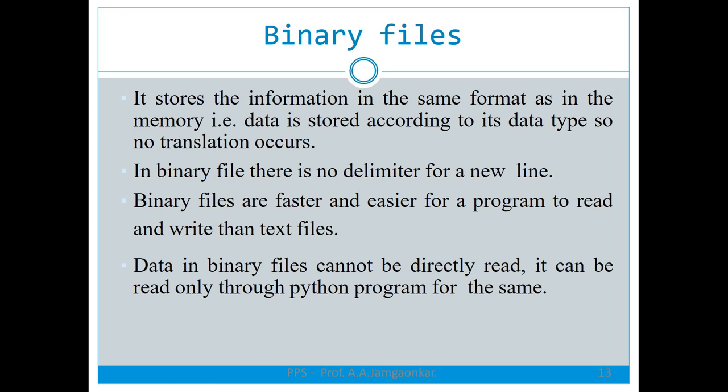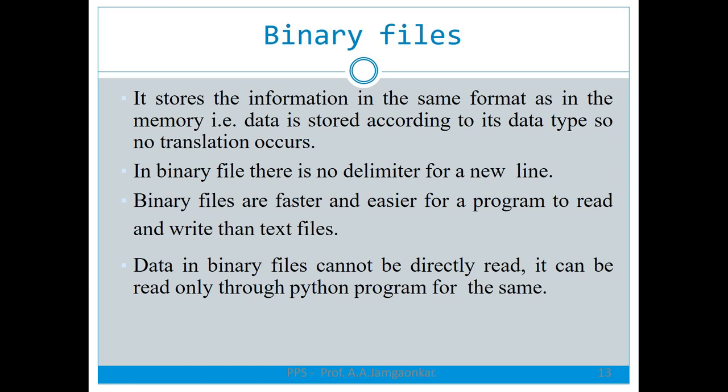Next is binary files. A binary file can contain the data in the binary format. So there is no concept of a new line or a delimiter for the new line. The binary files can again be used for storing data of various types.